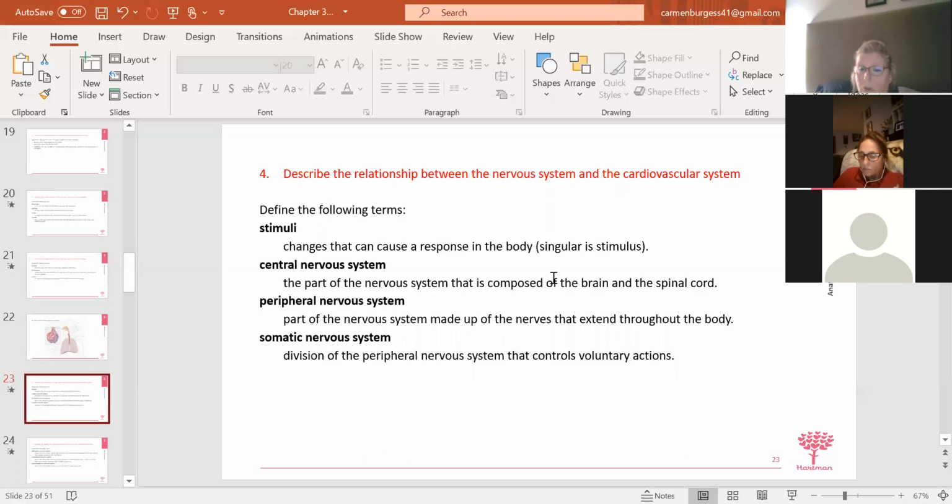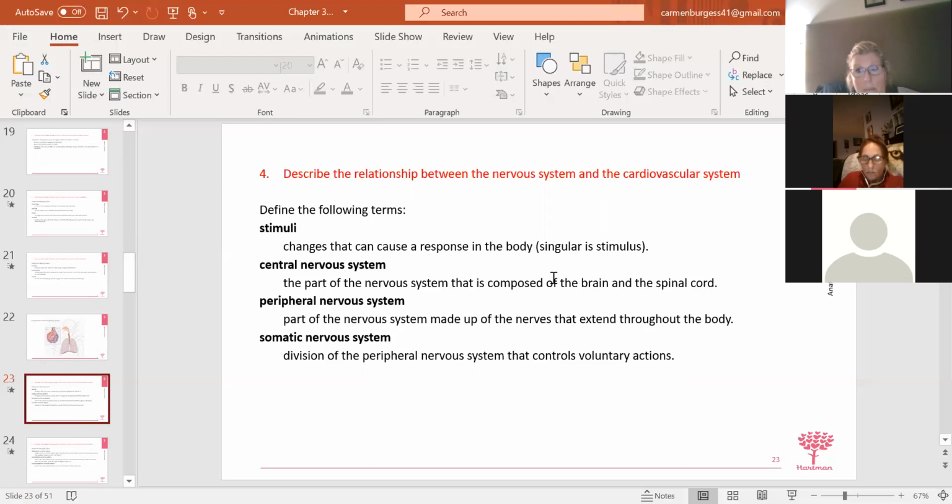So you have a central nervous system and a peripheral. Your central is basically your brain and your spinal cord. The peripheral are all those nerves that extend off of the spinal cord and throughout your body. Part of your peripheral nervous system is made up of your somatic and your autonomic nervous system.